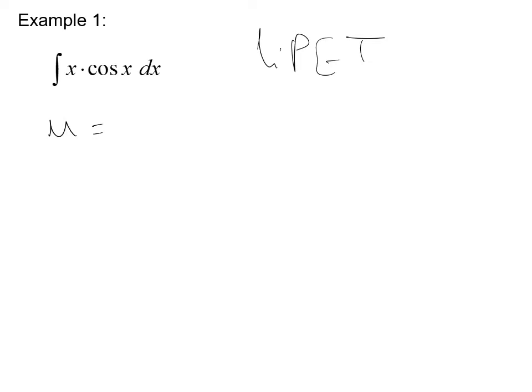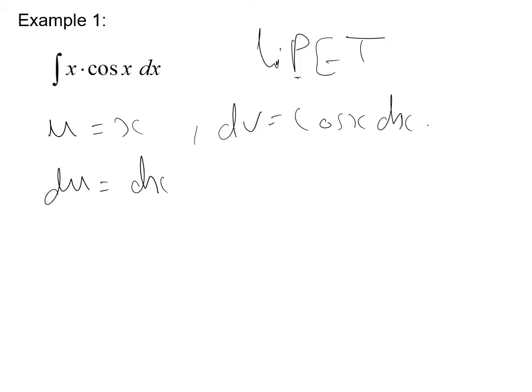First, logarithm: we don't have a logarithm here. Second, inverse: we don't have an inverse. P, polynomial: yes, we have a polynomial here, which is x. So u equals x, and dv is the other, equal to cosine x dx. So we will get du equal to dx. We integrate cosine, which will be sine x.